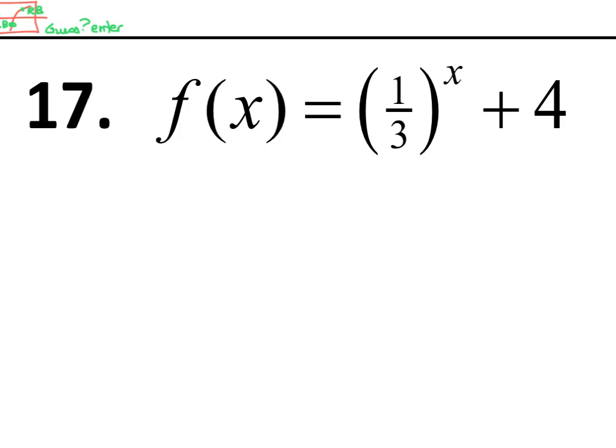Remember that you need to press the right arrow to get out of the fraction. Type your closing parentheses, then type a caret for the x as the exponent, but then you have to press right arrow again to type the plus 4 on the outside, and then do zoom 6 to look at the graph.